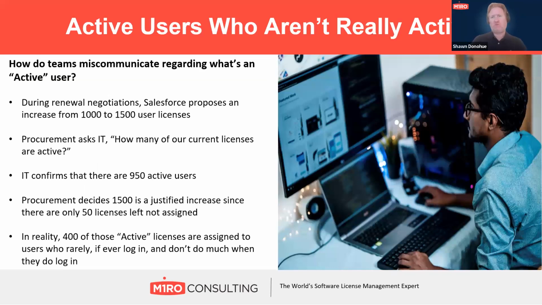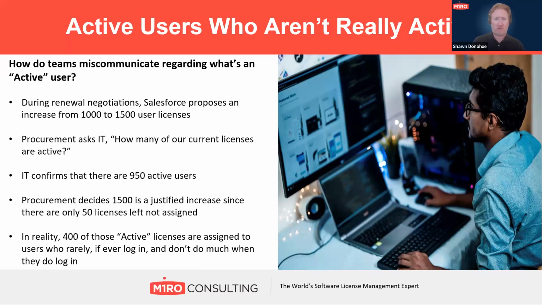All right, so what prompted us to come up with this presentation is a situation we saw with one of our clients that we caught in time when they were looking at their Salesforce renewal. During the discussion within the company, their procurement team, who was leading the renewal, sent an email to their IT team saying, how many active users do we have?